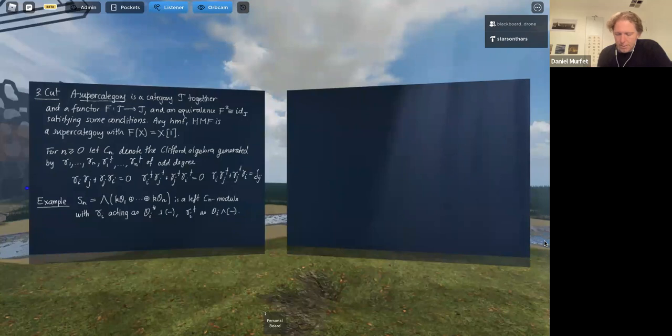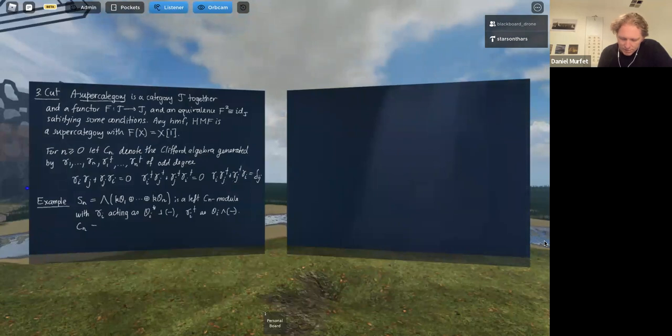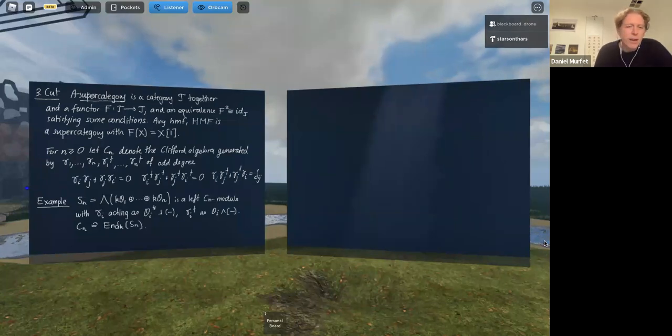Okay, so I think you're all familiar with the commutation relations between those operators of wedge product and contraction, and you'll verify that those are exactly these relations. And in fact, mapping an element of Cn to this action on the left is an isomorphism between Cn and the endomorphism ring of Sn. Okay, so this is a Morita trivial algebra.